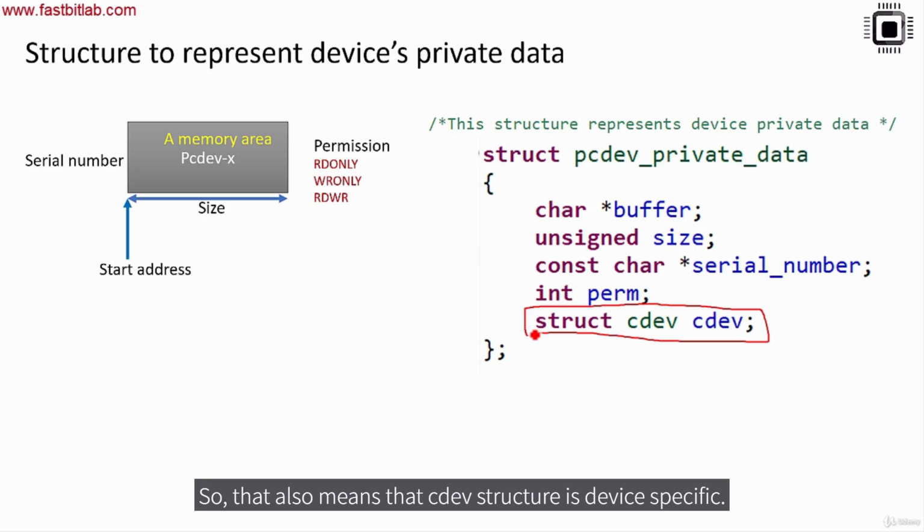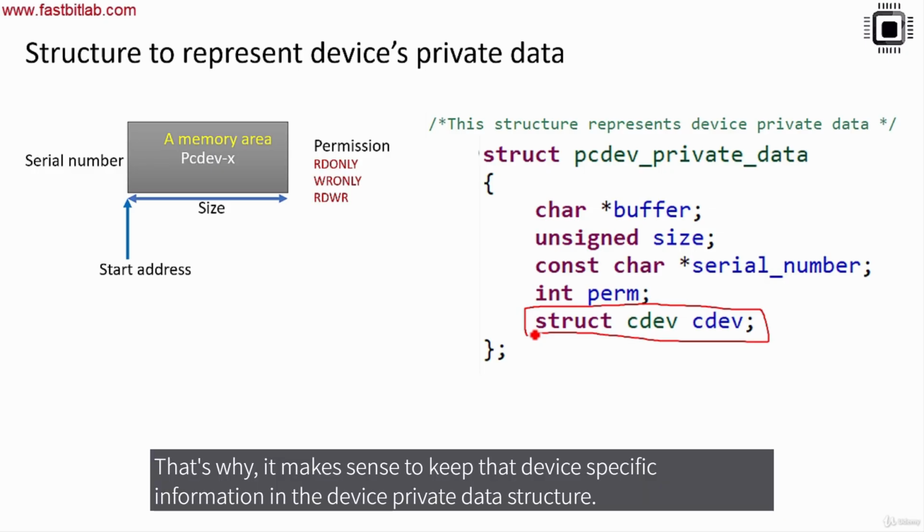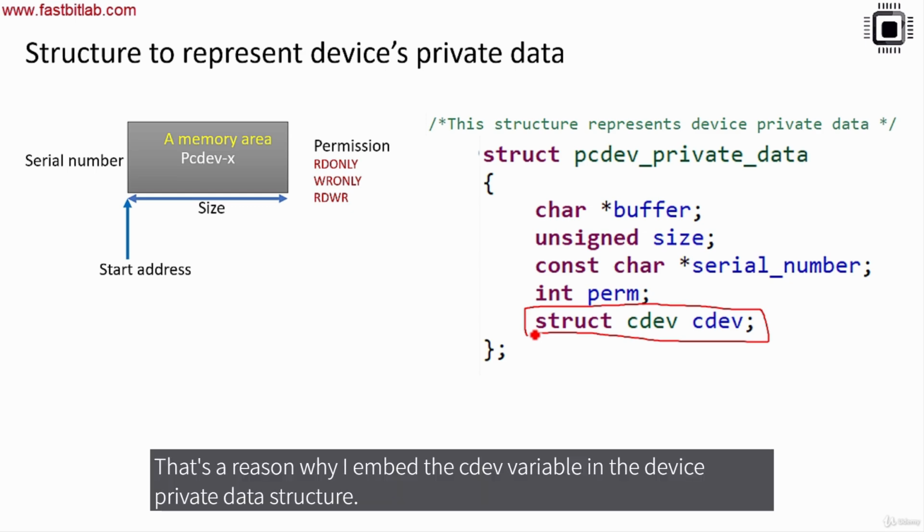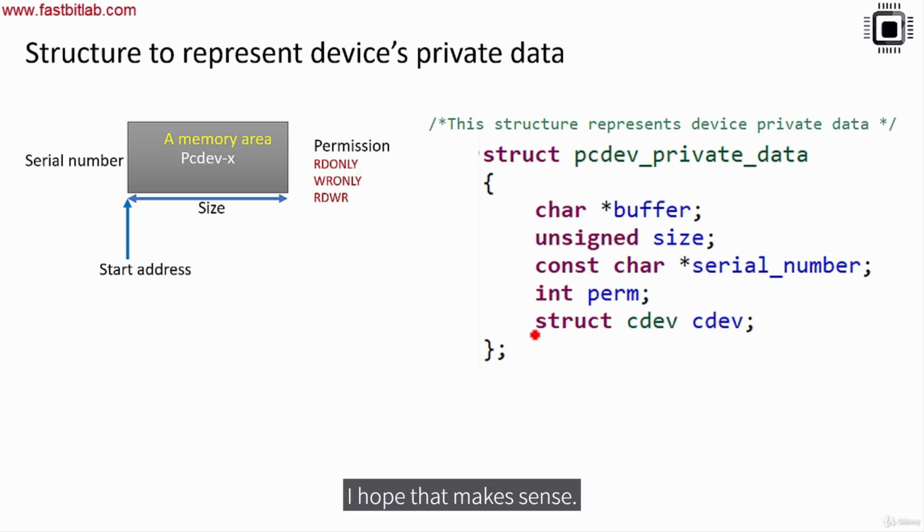That also means that the cdev structure is device specific. That's why it makes sense to keep that device specific information in the device private data structure. That's the reason why I embed the cdev variable in the device private data structure. I hope that makes sense.